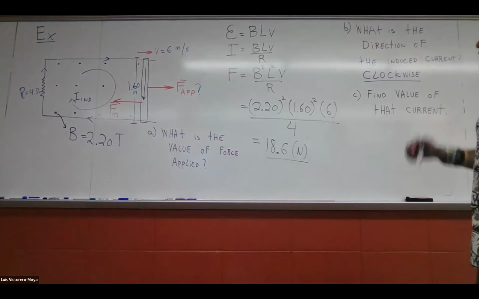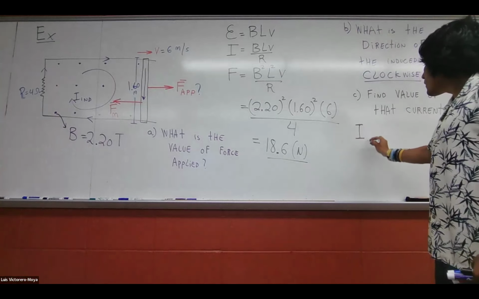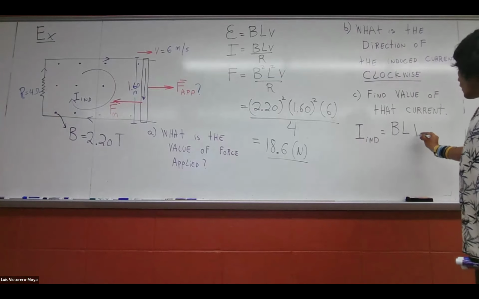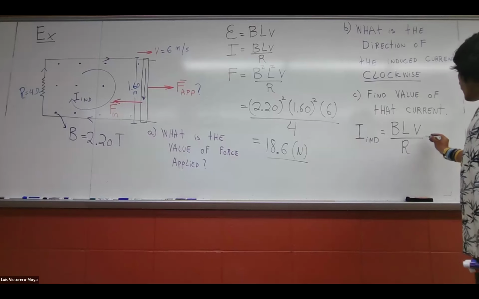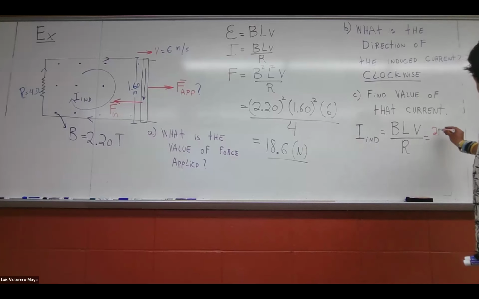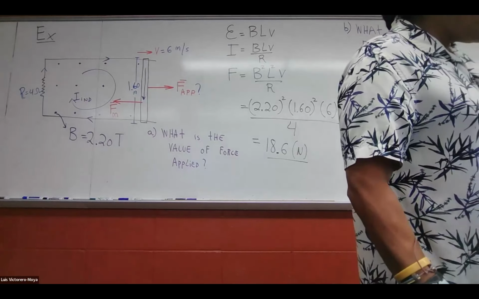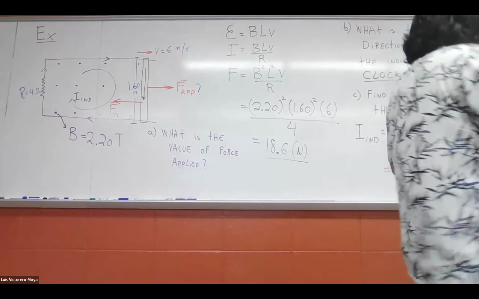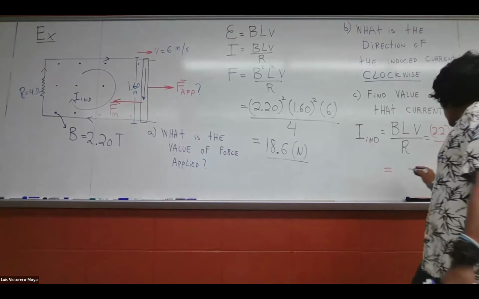So B and B divided by R. BLV divided by R. So that will be BLV divided by 4. Right? BLV divided by 4. So 2.2 times 1.6 times 6 divided by 4, 5.3 amperes.